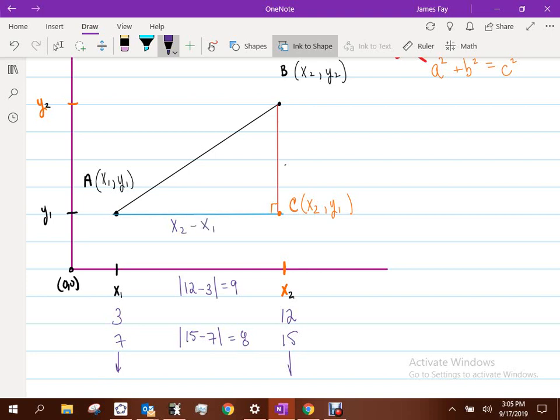I don't know what it is. It could be 12, could be 15, could be 100, could be pi, could be whatever it wants to be. Does that make sense? Subtract then from it whatever x1 wants to be. And that's what we would get right there, right? Now, just to guarantee that the distance is positive, I'm going to put absolute value bars around it. Does that make sense to everybody? Okay.